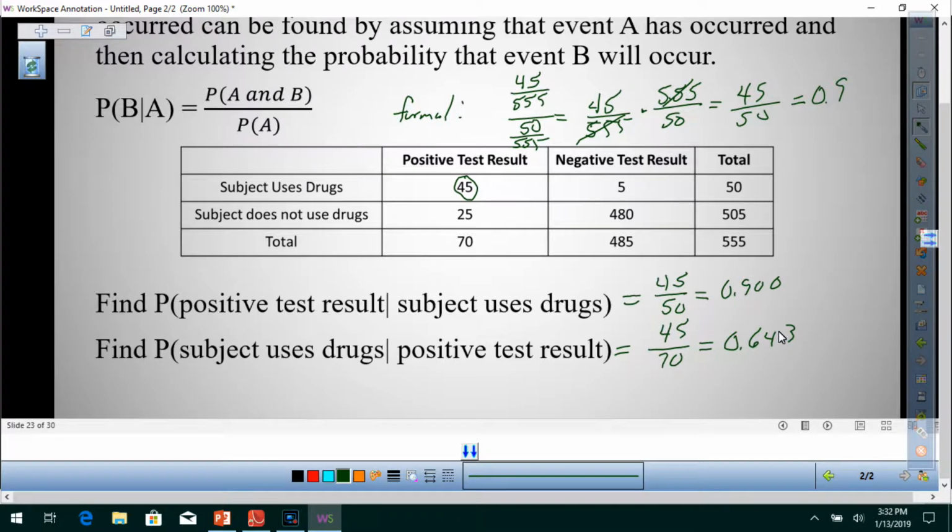The first result, 0.900, indicates that a subject who uses drugs has 0.9 probability of getting a positive test result. The second result, probability subject uses drugs given positive test results, is 0.643, which indicates that for a subject who gets a positive test result, there is a 0.643 probability that this subject actually uses drugs.